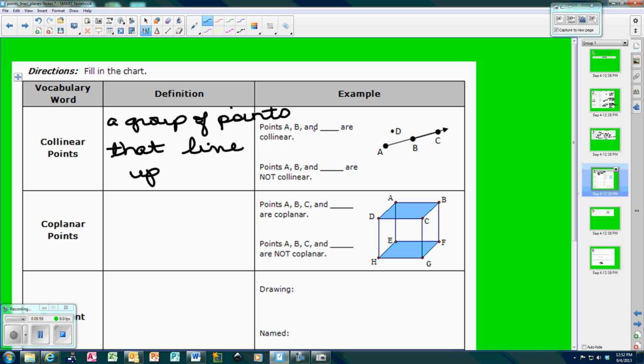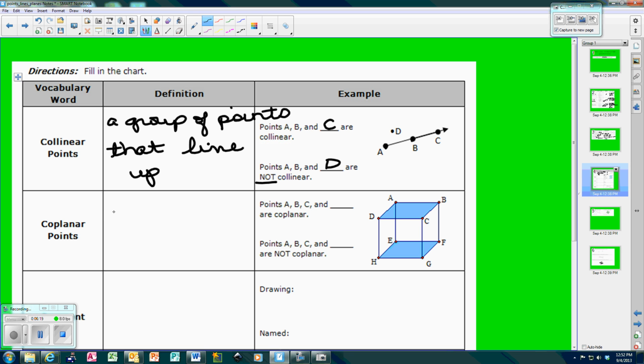Points A, B, and what are collinear? So here's A, here's B. Which point lines up, C or D? Well, C is on the same line, so therefore they line up. Points A, B, and D do not line up, so they're not collinear.